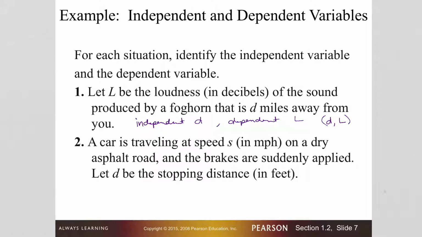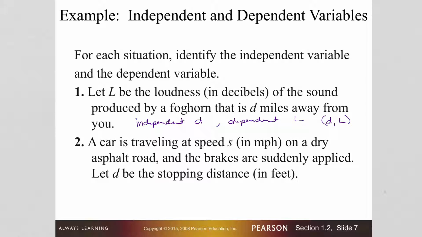Okay, so now let's look at number 2. Okay, so a car is traveling at a speed S in miles per hour on a dry asphalt road, and the brakes are suddenly applied. Let D be the stopping distance in feet. So think about this. Does the speed of the car depend on the stopping distance, or does the stopping distance depend on the speed of the car?